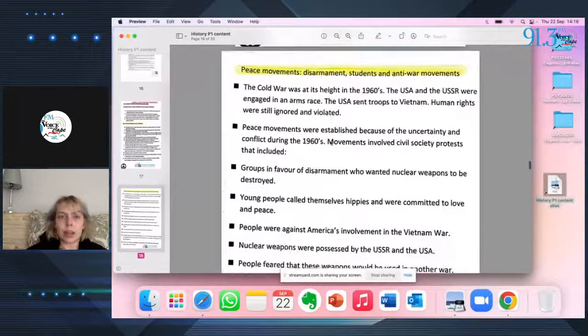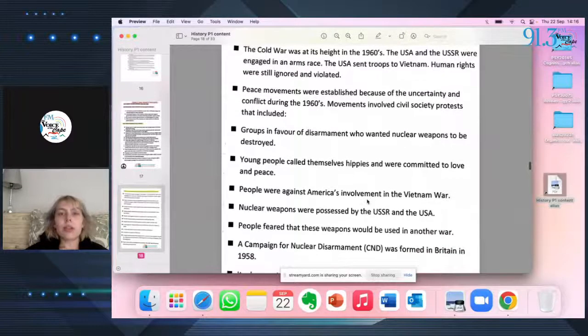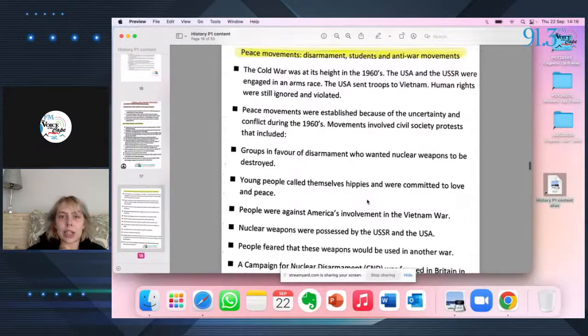Okay, so the introduction of peace movements, disarmament, students, and anti-war movements as a precursor to the US civil rights movement. The Cold War was at its height in the 1960s. The US and the USSR were engaged in an arms race. The US sent troops to Vietnam, but human rights were still ignored and violated.